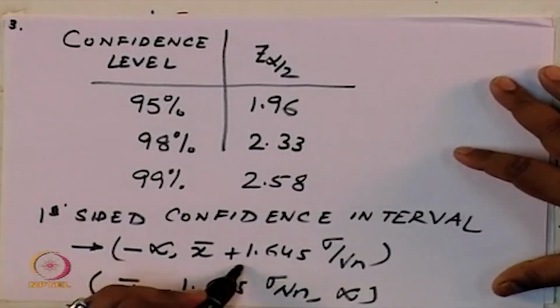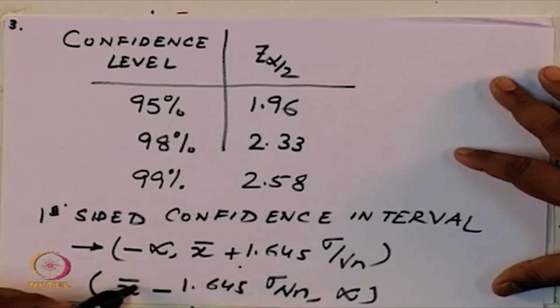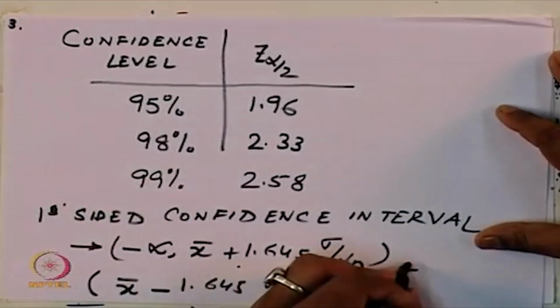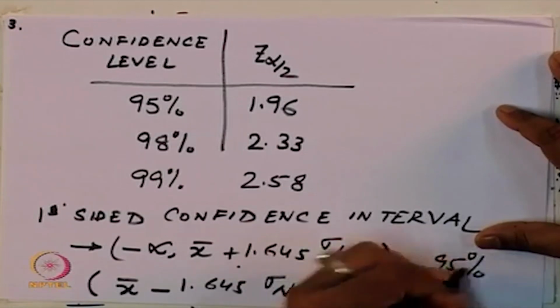So, this gives you the maximum value, and this gives the minimum value. This is for 95% confidence.